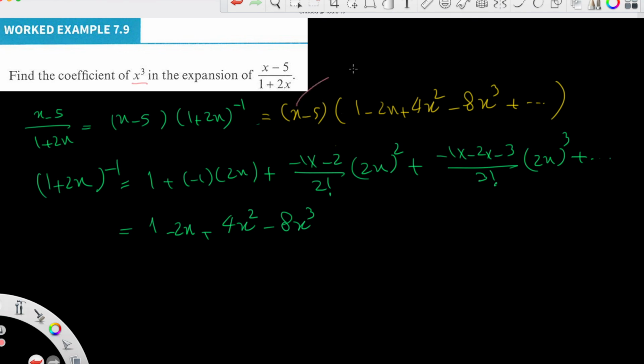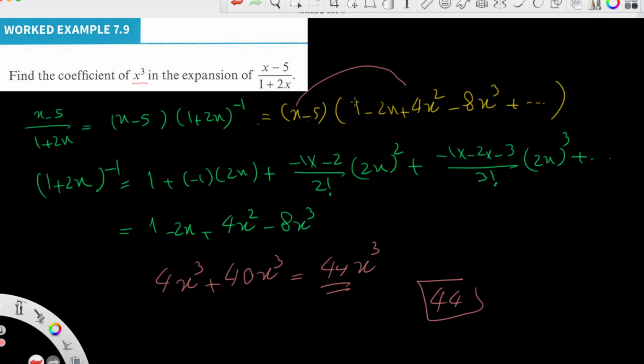If you multiply x by 4x squared, that gives 4x cubed, and if you multiply minus 5 by minus 8x cubed, it will be plus 40x cubed, so it will be 44x cubed. So the answer is 44. You can multiply and expand everything, but there is no need to do that. It would be a waste of time because only the coefficient of x cubed is needed. So these two products will be producing x cubed.